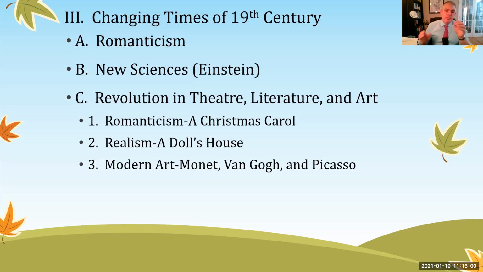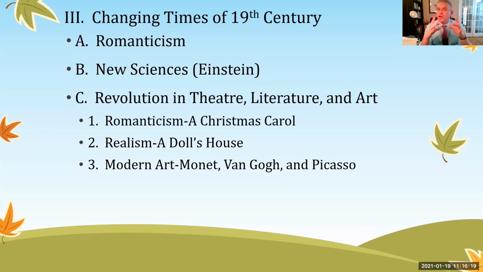In realism, we see a movement that deals with social issues. And there's a playwright named Ibsen who wrote A Doll's House. And in A Doll's House, the middle class wife lives the middle class wife's dream.